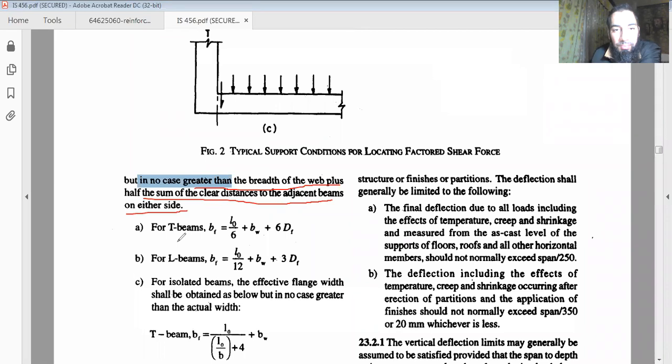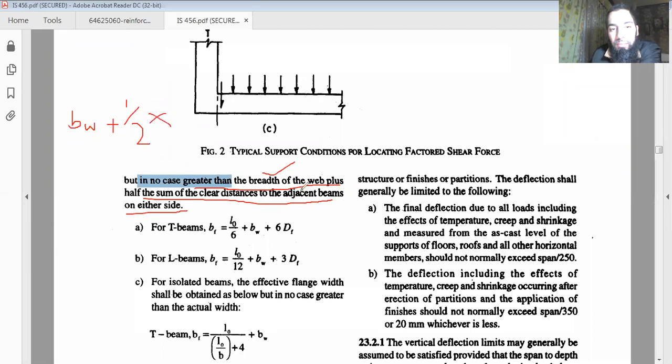So the total will be the breadth of the web, that's BW, plus half of the sum of the clear distances to the adjacent beams on either side.